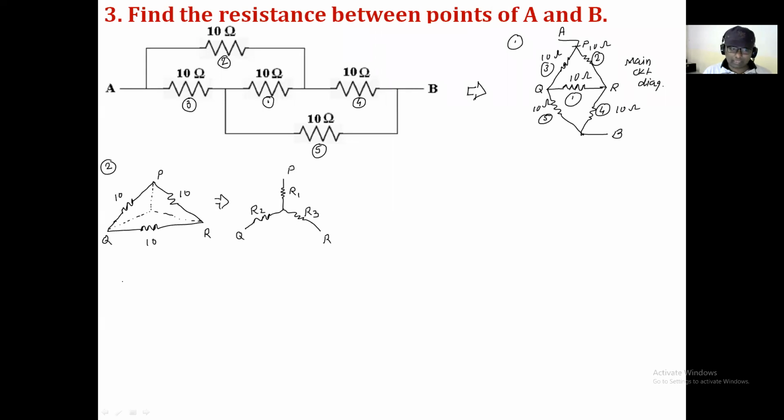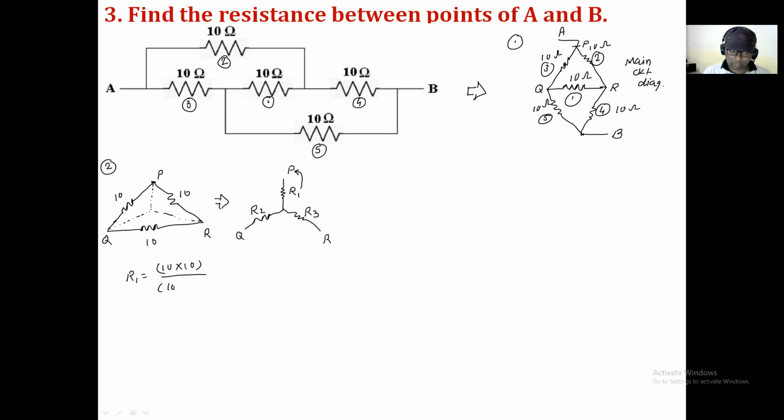And then let's calculate R1. How do you remember the formula? R1 is connected to point P. So come here at point P, the product of the two adjacent branches which are meeting at point P. Now here 10 multiplied by 10 divided by the sum of the three resistors.